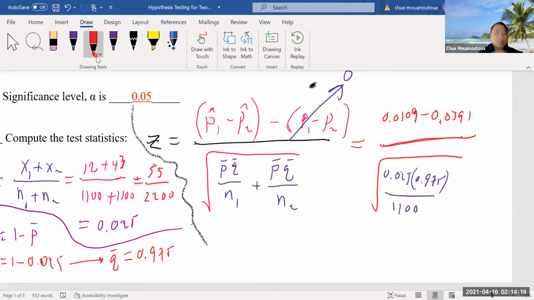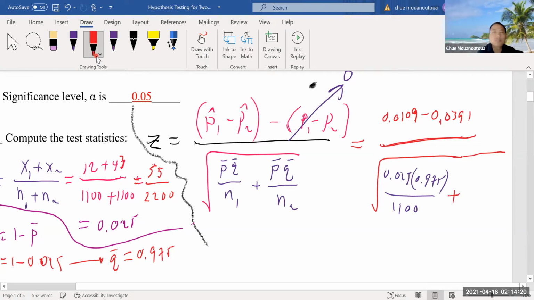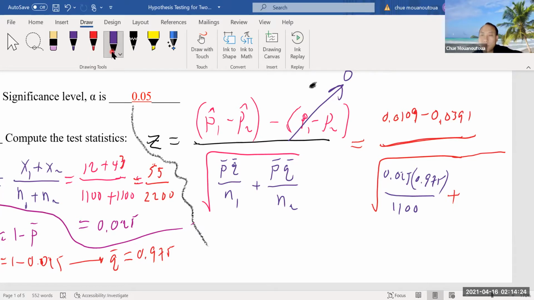Actually, it is a plus, same thing here, 0.025 times 0.975 divided by 1100.